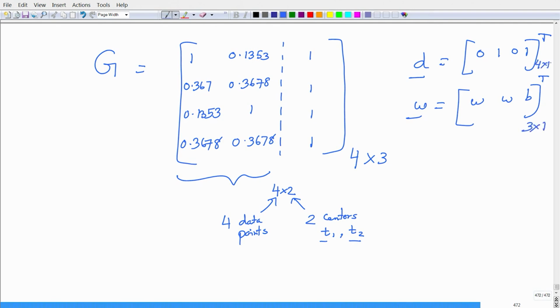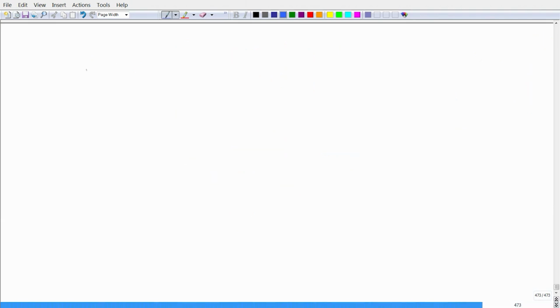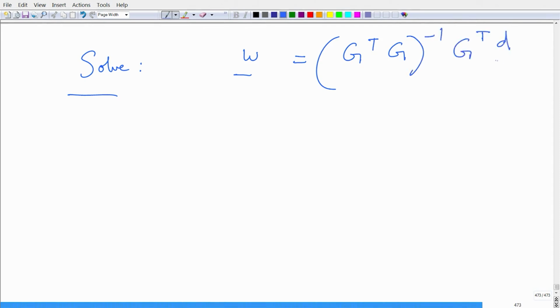Now, what I have to do is solve this equation, which is W given by (G transposed G) inverse G transposed D. This is without regularization.